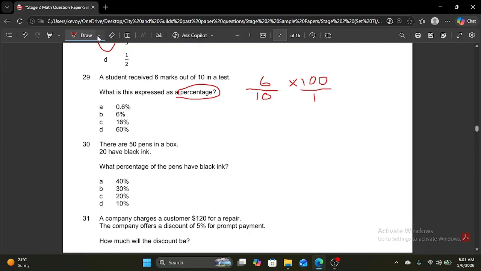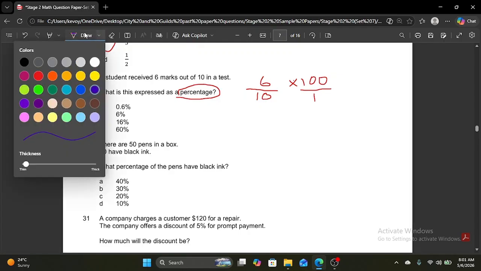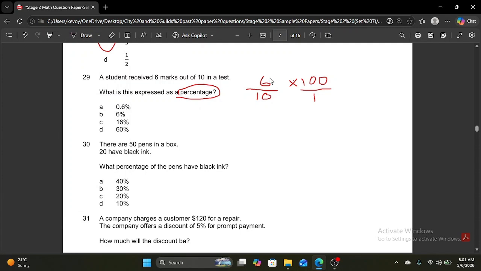Alright, now I'm going to change the color so we can multiply. So that would be 6 times 100 and 1 times 10. So 6 times 100 is 600 over 10 times 1, which is just 10.